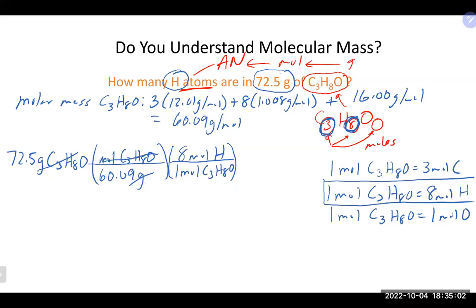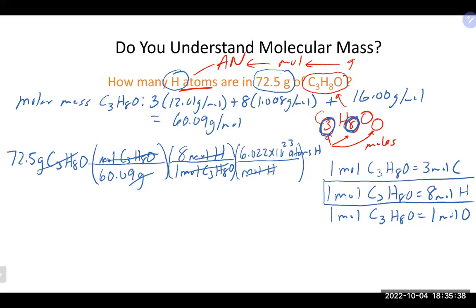Once again, the moles of the entire compound cancel, and now we're left with moles of just the hydrogen, which is pretty close to what we want. We don't want moles of hydrogen, we want atoms of hydrogen. That is where our friend Avogadro and his number come into play. We use Avogadro's number to go from moles of hydrogen to atoms of hydrogen. We want the moles to cancel, so we put the moles on the bottom and Avogadro's number up on top, and these would be atoms of hydrogen.